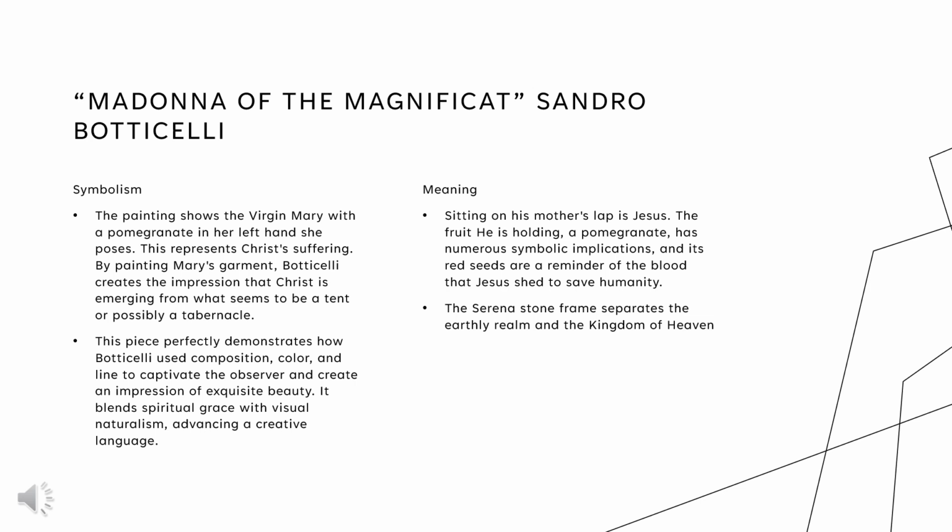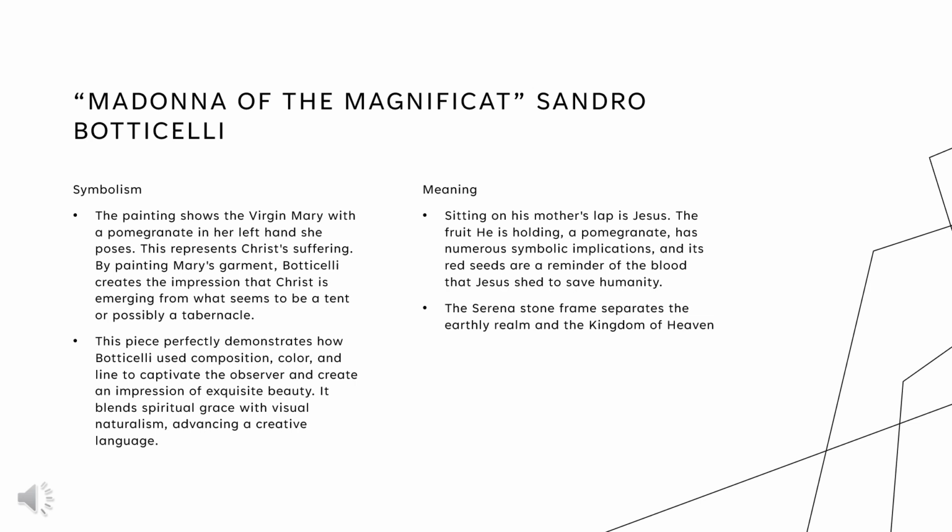The painting Madonna of the Magnificat symbolizes Virgin Mary holding Jesus Christ as a child. It shows Virgin Mary with a pomegranate in her left hand, and that pomegranate that the child seems to be eating is a symbolism of Christ's blood.